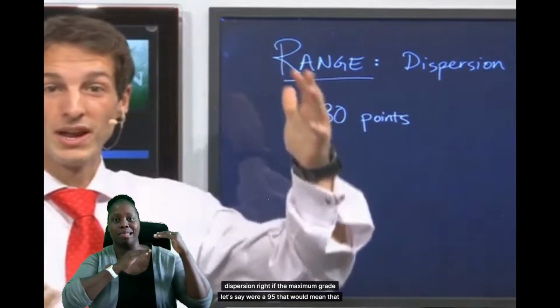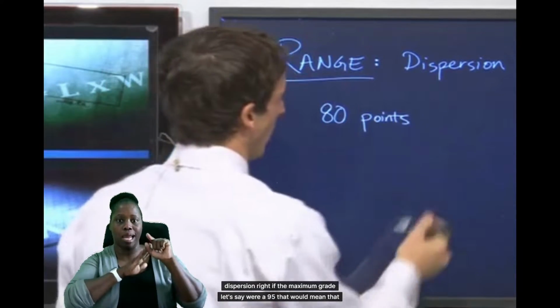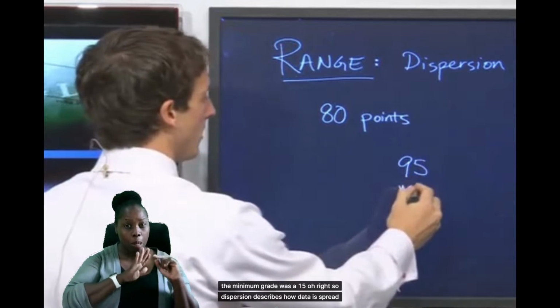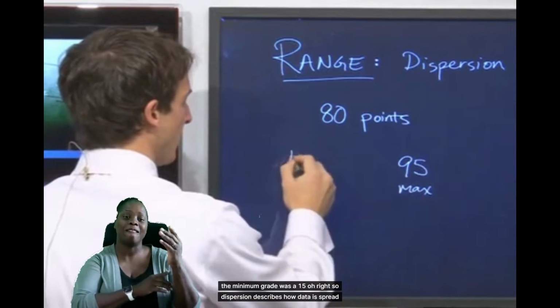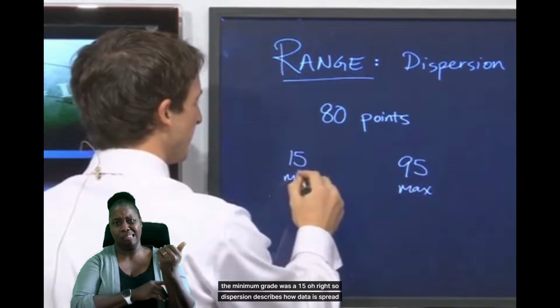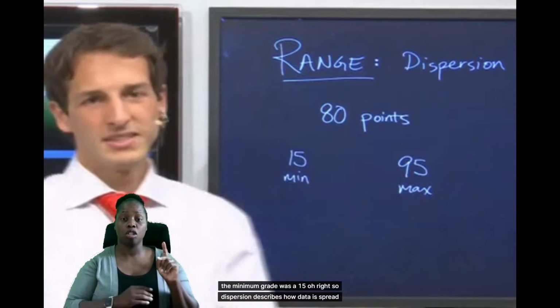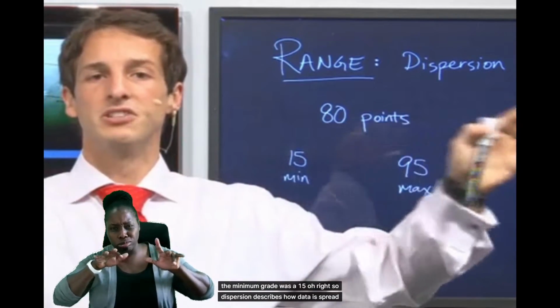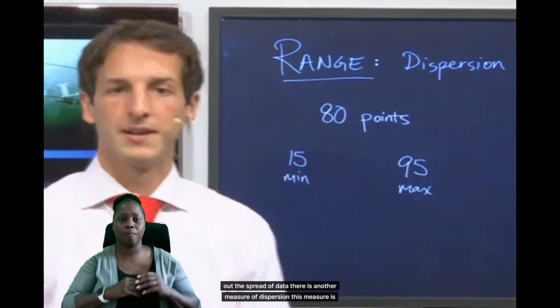If the maximum grade, let's say, were a 95, that would mean that the minimum grade was a 15. Ugh. Right, so dispersion describes how data is spread out, the spread of data.